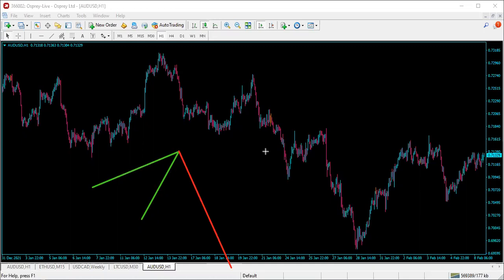Rising wedges are either known as continuation patterns, which means that happens in the middle of the chart, or they happen at a turn of a reversal. So here's a rising wedge here. See how it's not necessarily like a triangle. So it's not an ascending triangle because it's not flat and slanted on the bottom.